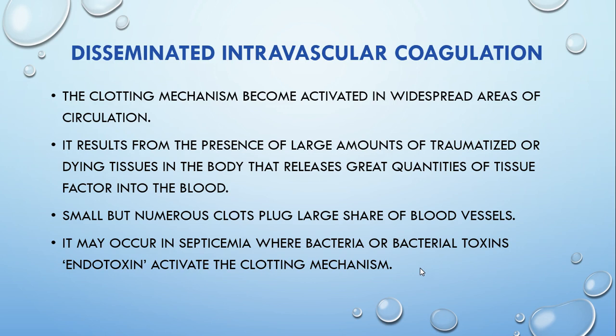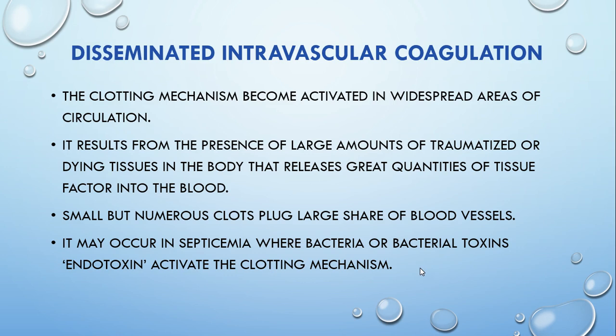Disseminated intravascular coagulation is the activation of clotting mechanisms throughout the blood vessels, and it results from the presence of large amounts of traumatized or dying tissues in the body that release great quantities of tissue factor into the blood. It causes a diminished number of clotting factors remaining in the blood, which will lead to bleeding.